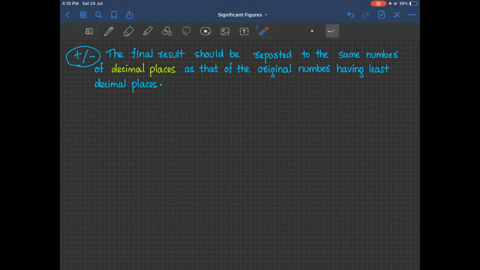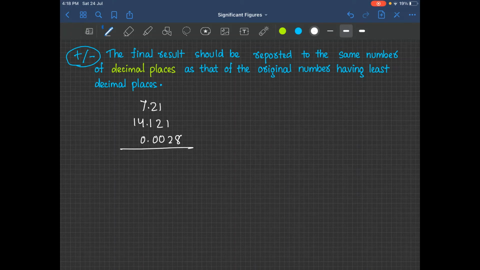Now this might sound little bit confusing, so let's take an example. Let's add 3 numbers. Say we are adding 7.21 and 14.121 and let's say 0.00028.